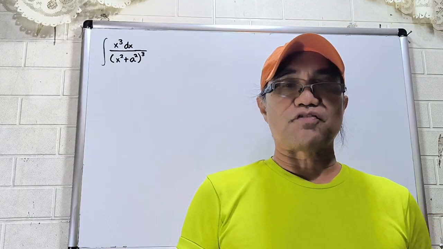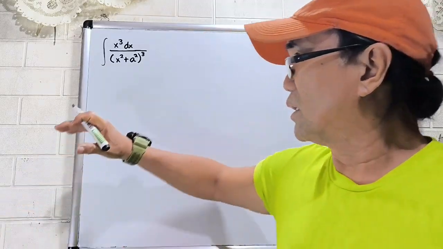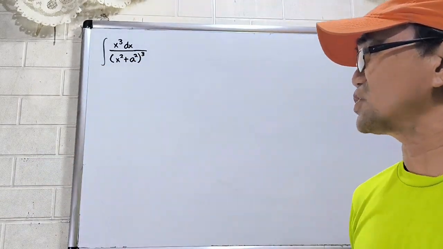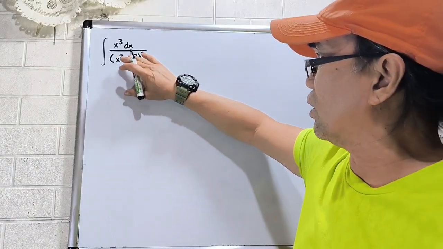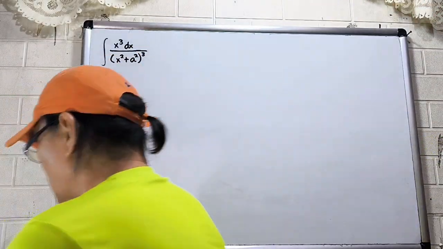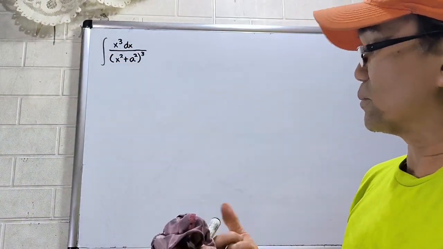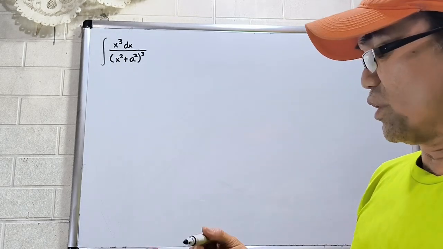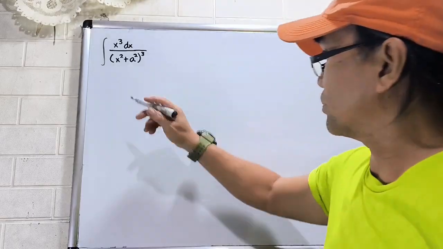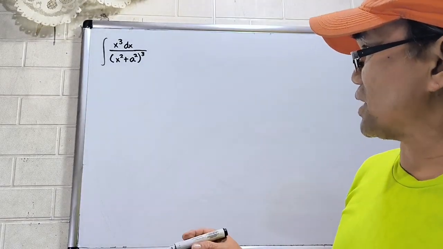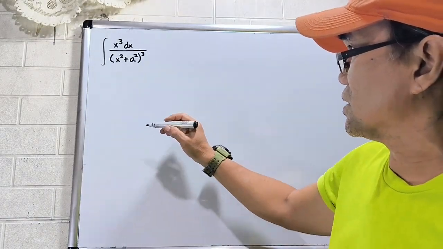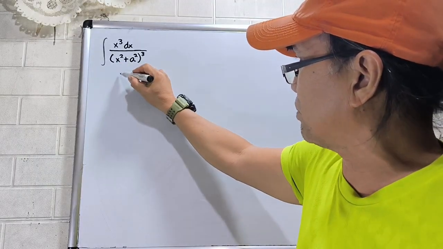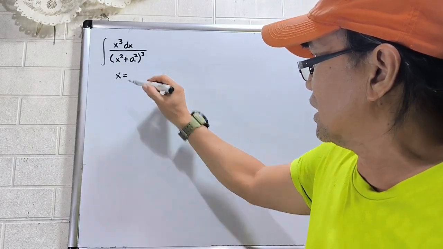Okay, out of these three formulas, let us examine which formula will be applicable for this given integration. So I have here the integral of x cubed dx over circle brackets x squared plus a squared raised to the power of 3. So this is tangent, right?